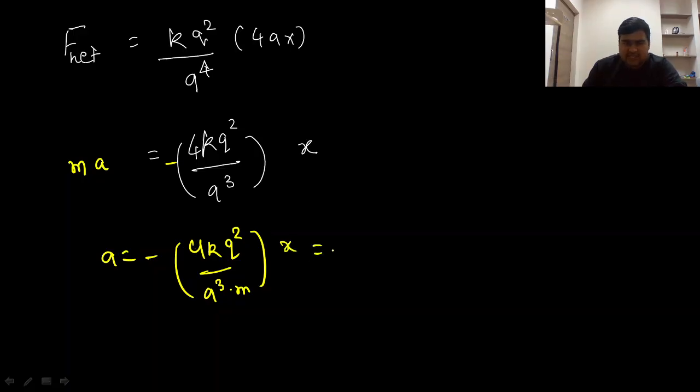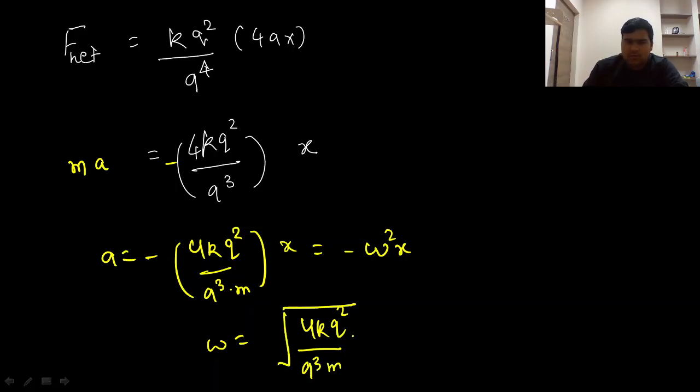For SHM this must equal minus omega squared x. So we have omega as (4kq² over ma³) to the power 1 by 2. So in this case it is SHM, because it is proved the force is directly proportional to minus x.